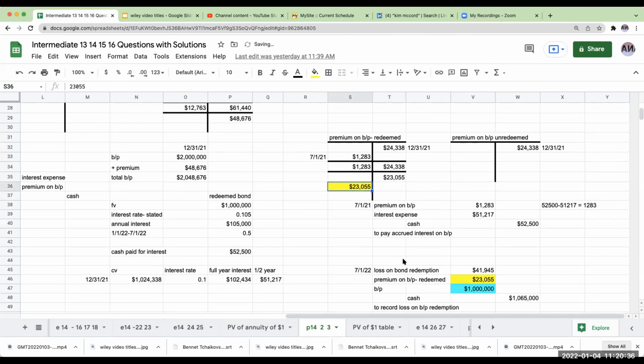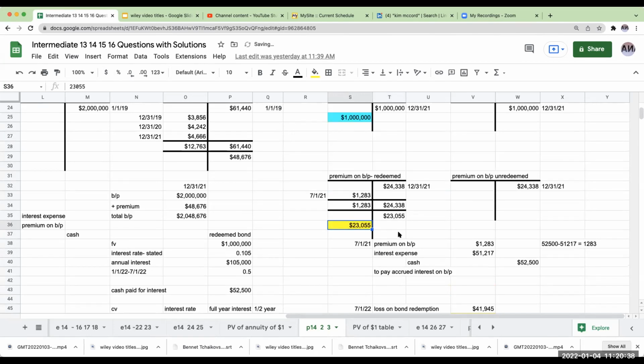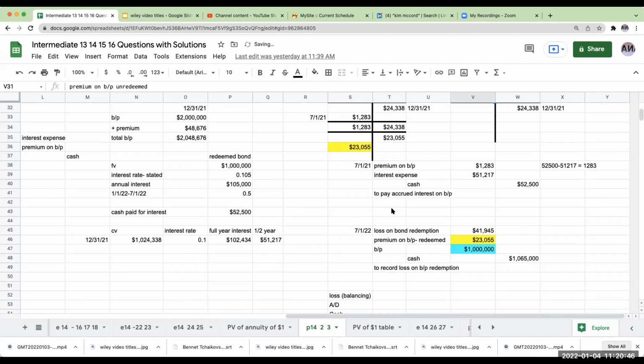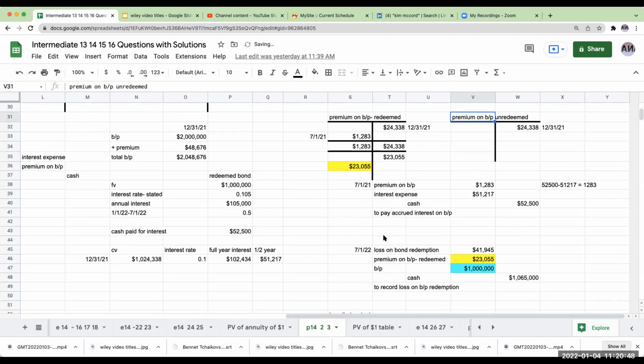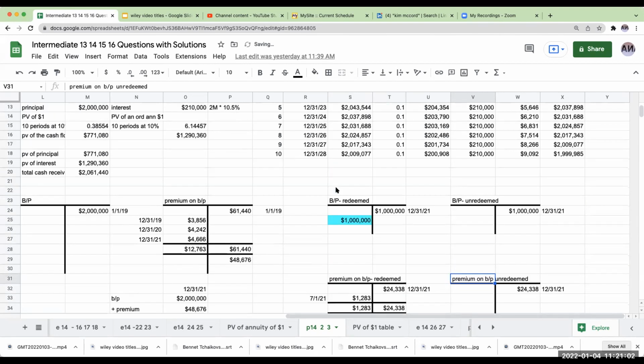But for myself, by splitting it up between the redeemed and the unredeemed, in my opinion, it's much easier to see the calculations. That's why this video took me my third attempt, and I finally got it. If I were solving this question, if I'm ever doing a redemption question, I'm splitting it up. Because if you don't do it this way, it's just going to get too convoluted.